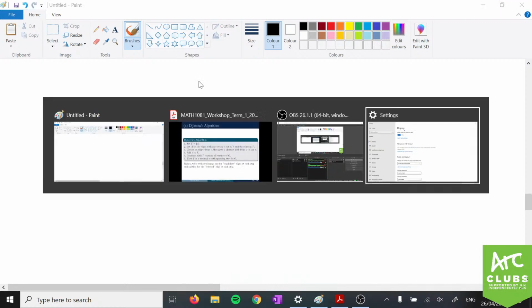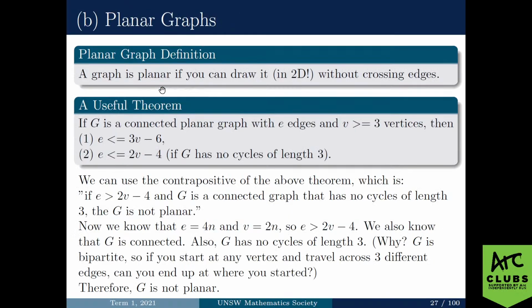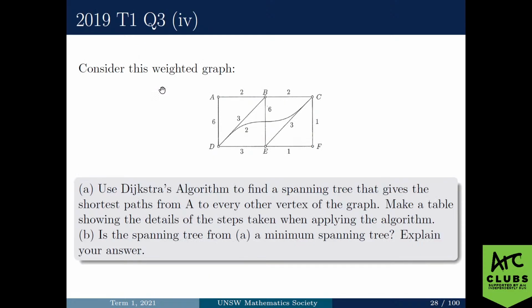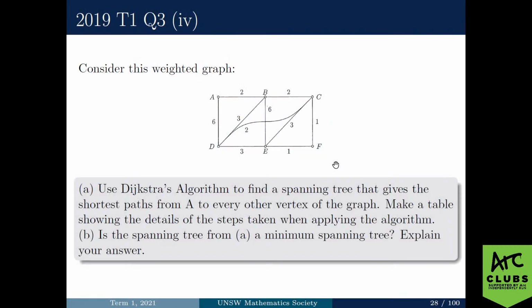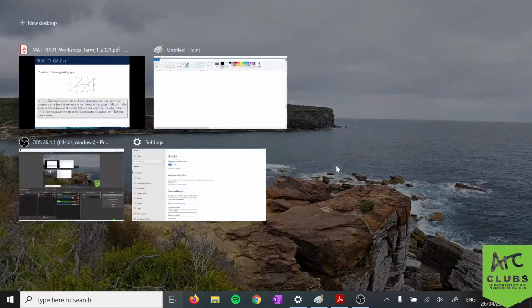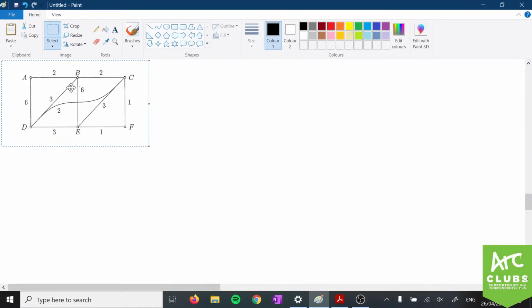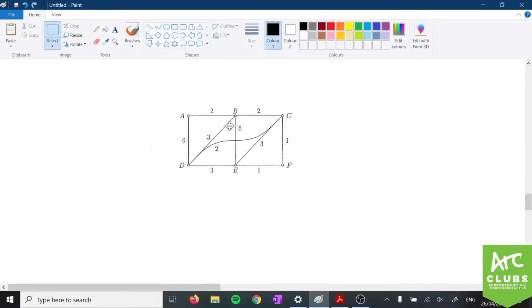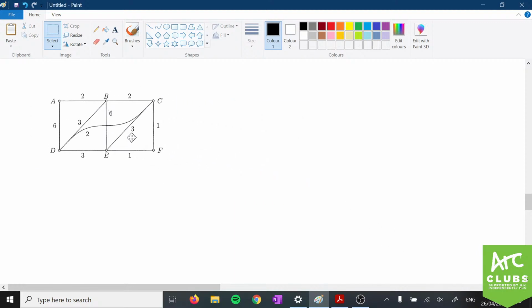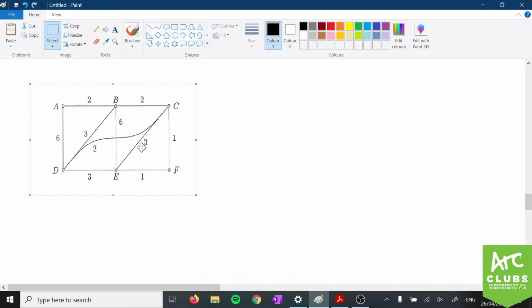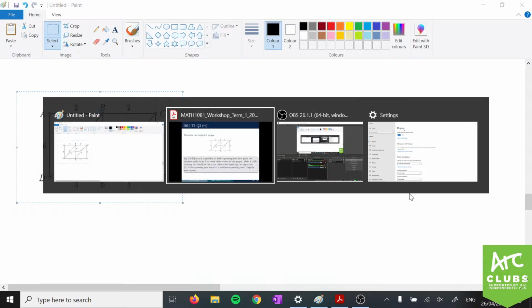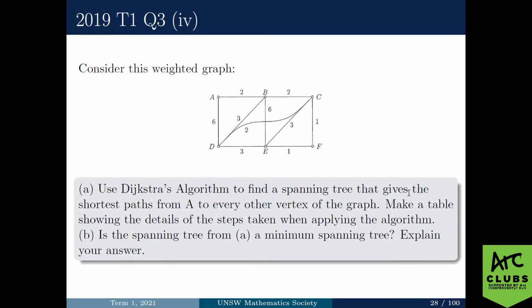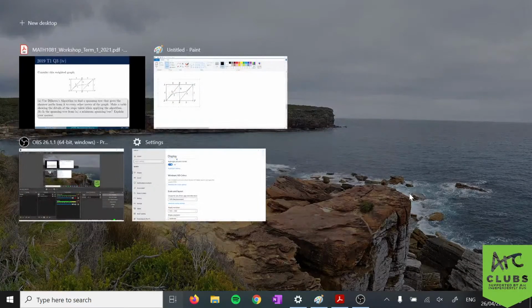So let me copy paste the graph. Right, so the visual way.